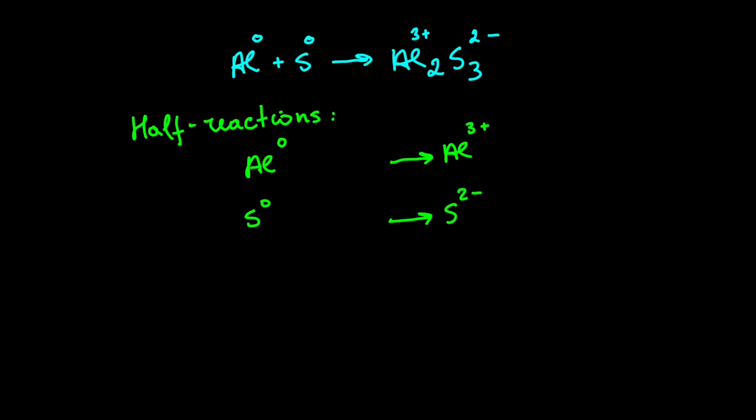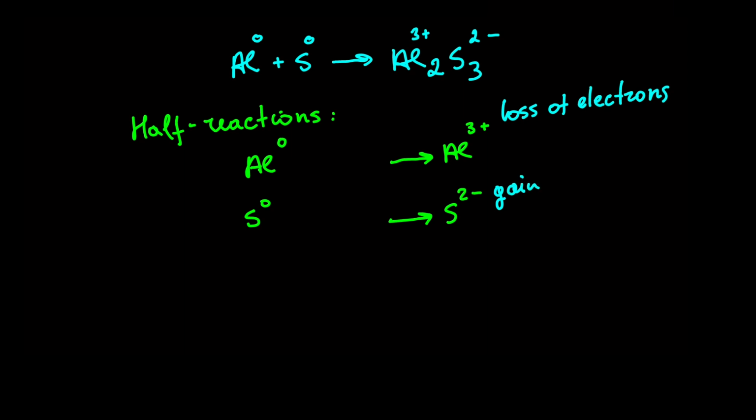Let's remember what 3 plus and 2 minus means. A positive oxidation state always shows that electrons were lost during the reaction, and a negative oxidation state always shows that electrons were gained during the reaction.